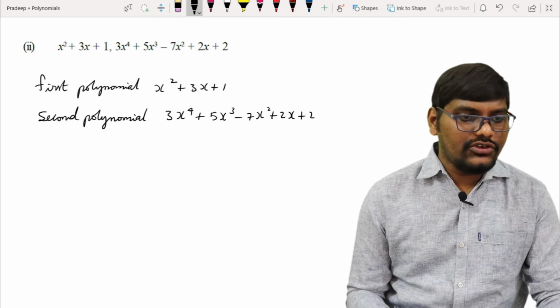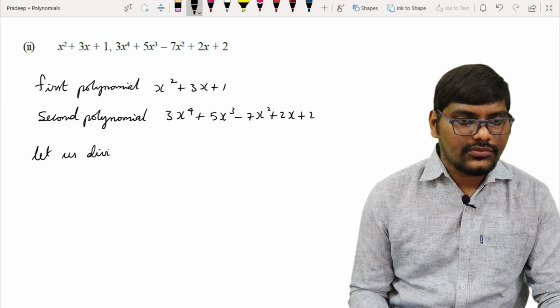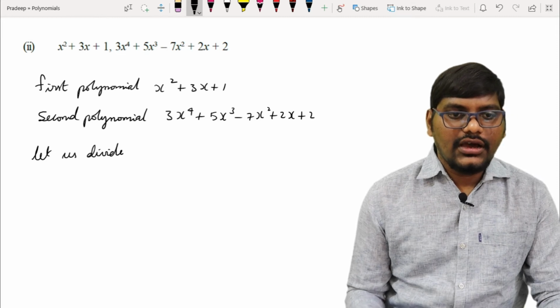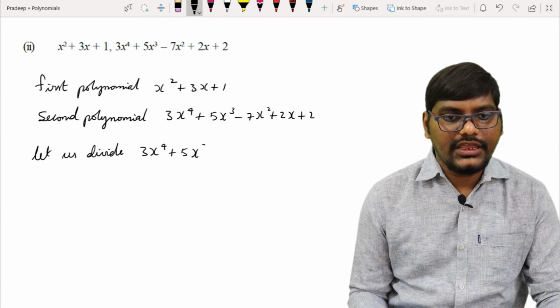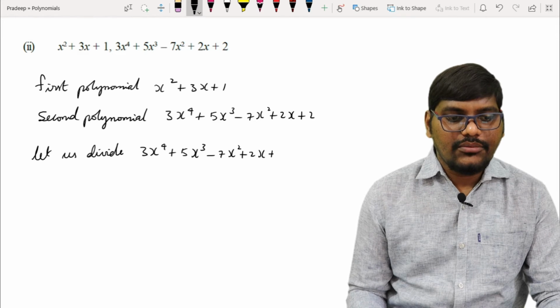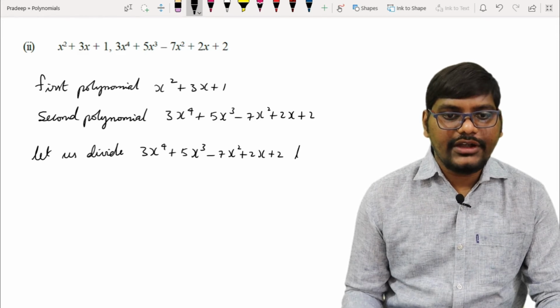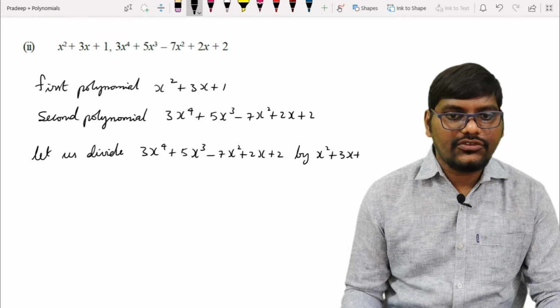Okay, so now let us divide. We'll divide 3x power 4 plus 5x power 3 minus 7x square plus 2x plus 2 by x square plus 3x plus 1.